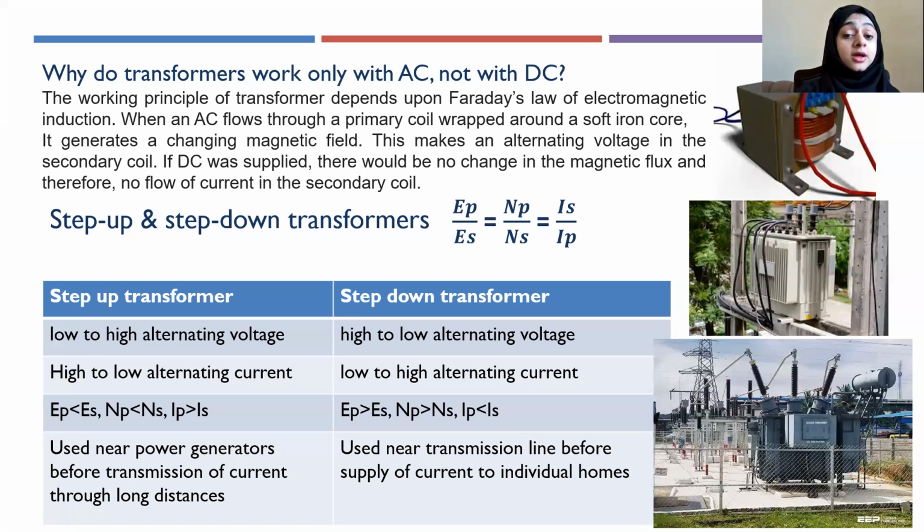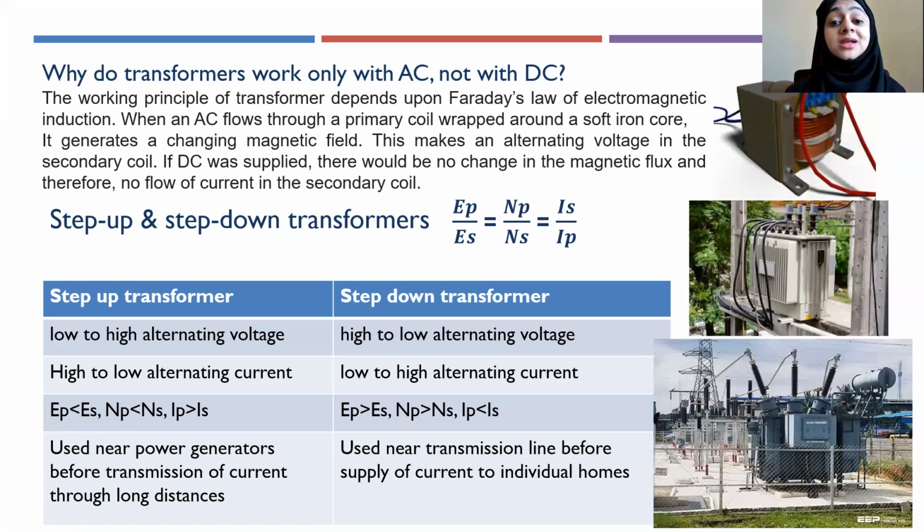EMF or current is induced in a coil of wire due to a change in magnetic flux. And this induced EMF or current will exist only as long as the magnetic flux changes.